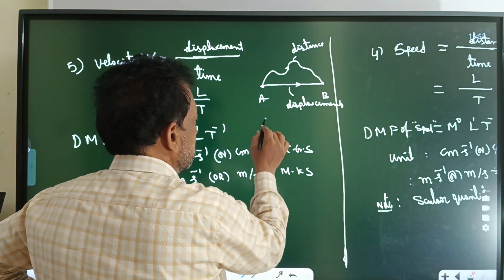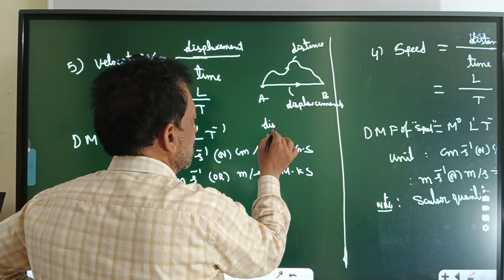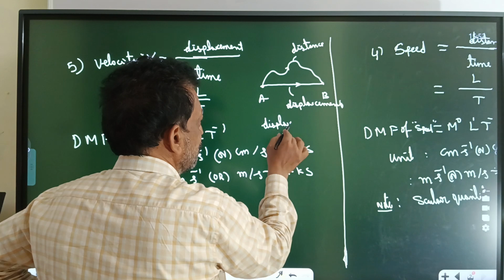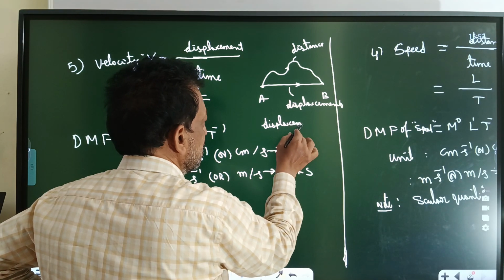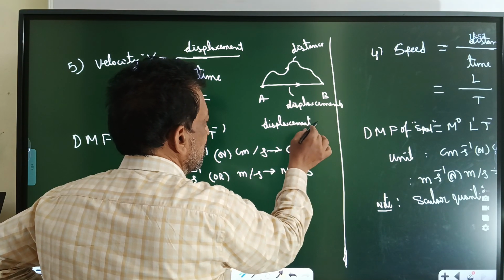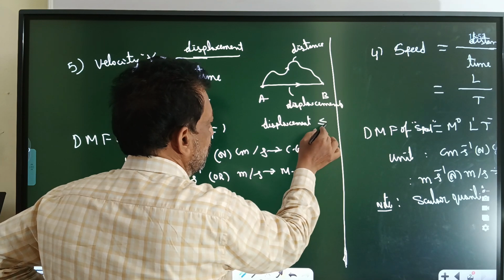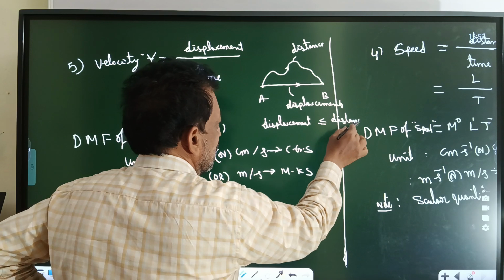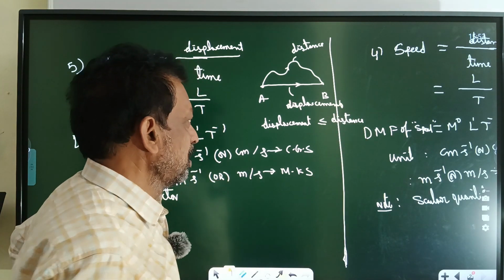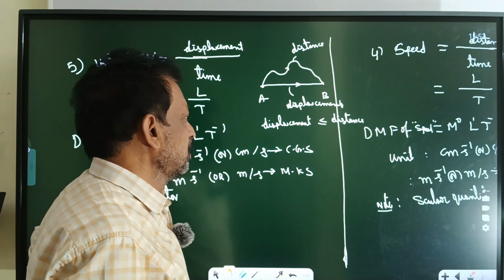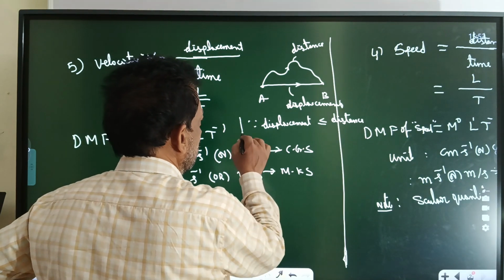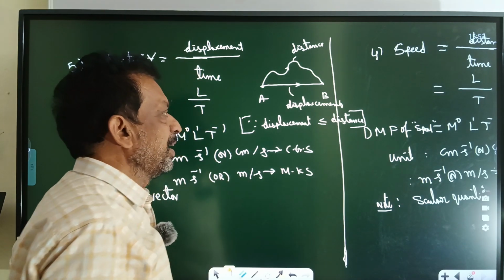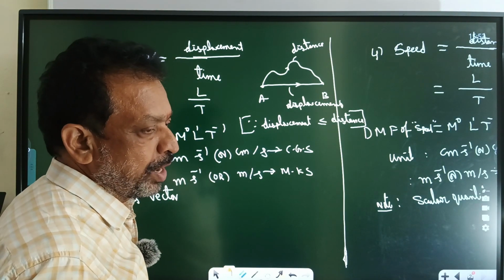So displacement is less than or equal to distance. It never becomes greater. This is the most important point. Displacement becomes zero or negative, whereas distance never becomes zero or negative.